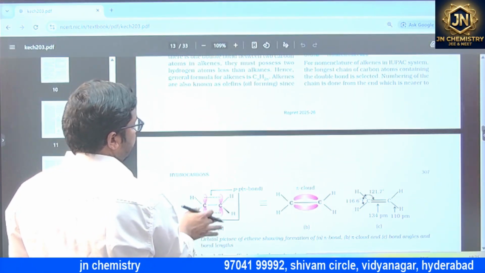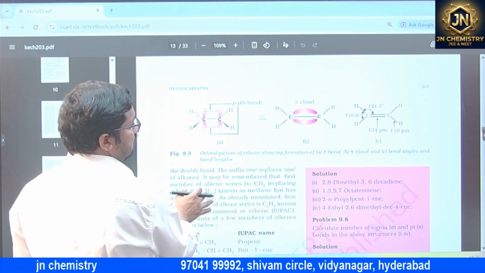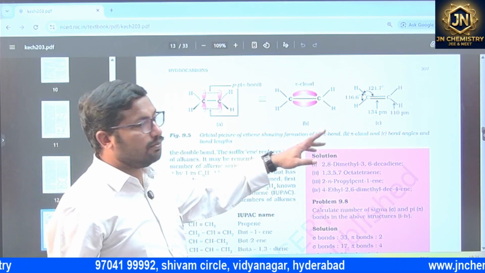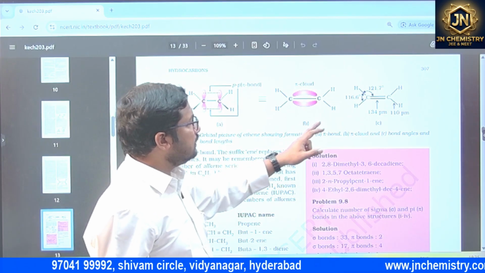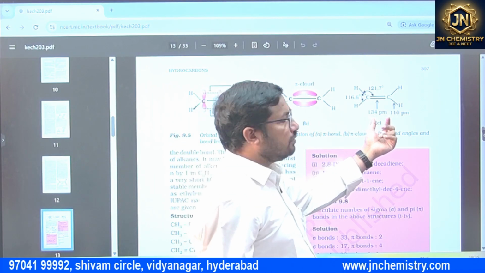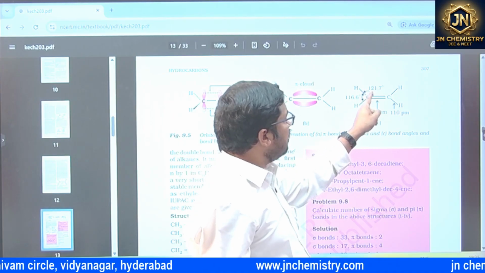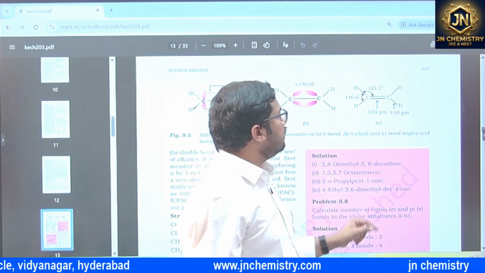Double bond onwards, alkenes: I explained pi bond, sigma bonds. Here the C=C bond is 134 picometers, bond angle 116, and the carbon-hydrogen bond is 121.